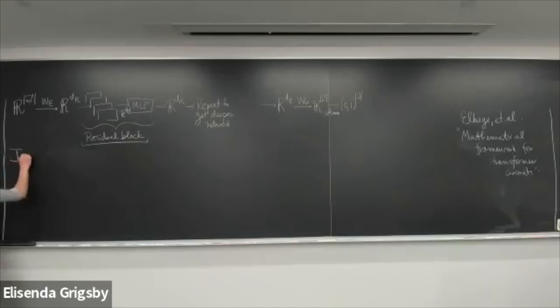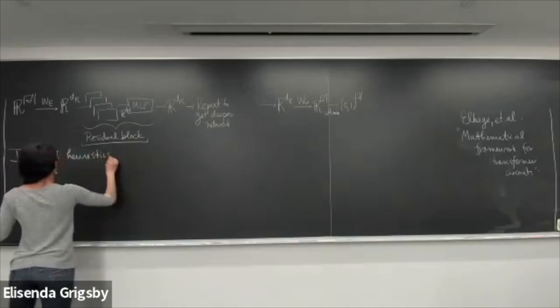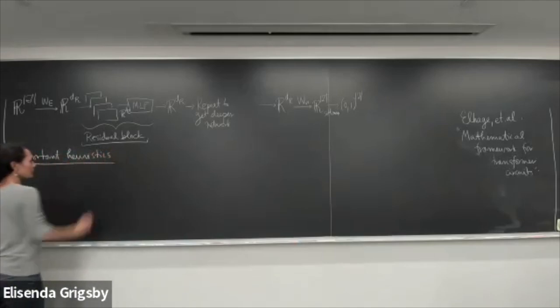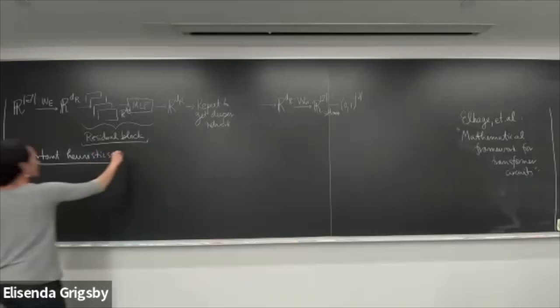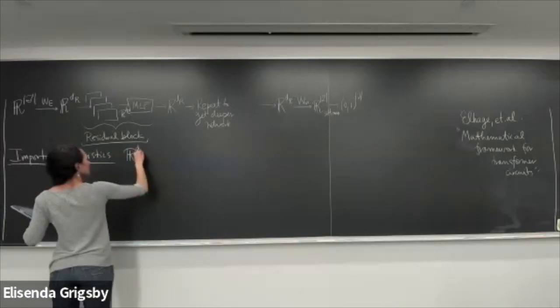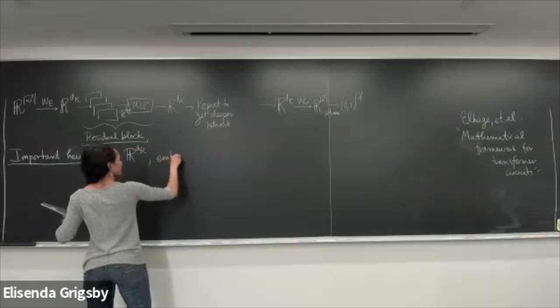Probably you've heard some of these, but if you haven't, it's important to keep them in mind. So you can have this residual stream. This is the embedding space where the tokens live.